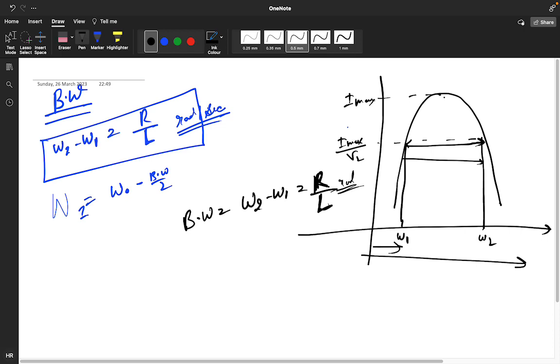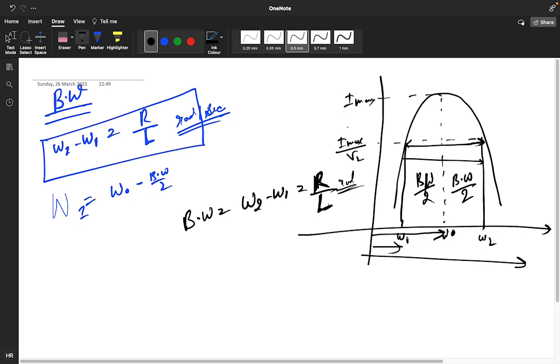I know this particular frequency is my omega naught. Assume half bandwidth this side and half bandwidth this side.